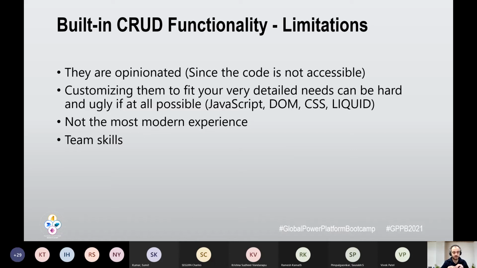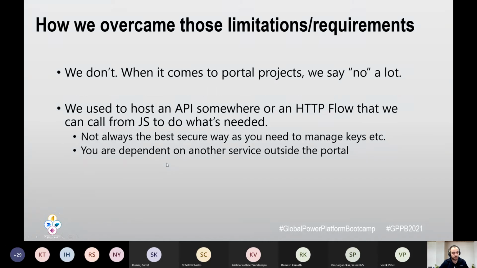The resulting code is not clean or nice. Also, you may have modern team skills that you want to utilize in the portal, but you can hardly utilize them in the current portal without the API.